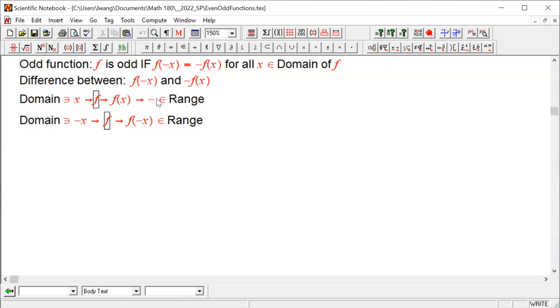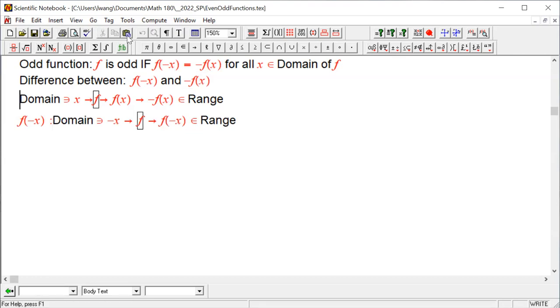So you multiply by negative one, f of x. You guys see that?